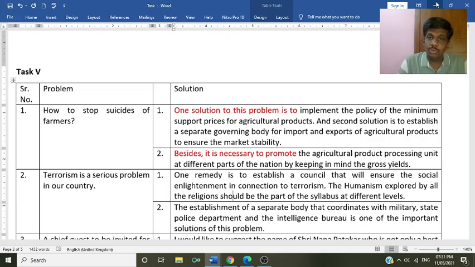Without knowledge, without understanding, without perception, we can't give the proper solution. If you want to give a valid solution to the topic, you should have a depth reading in it.